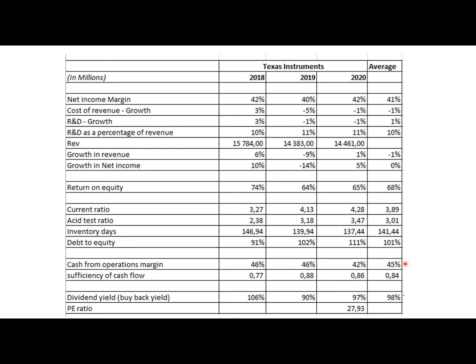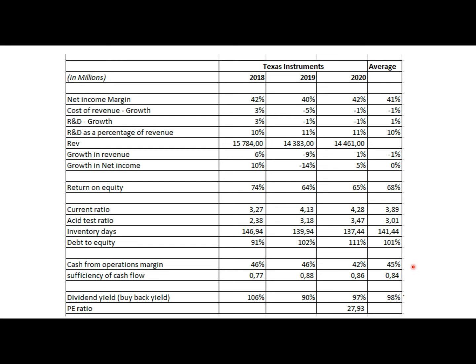So the cash from operations margin shows me an entity that can generate cash from its operations and that can convert revenue into cash. So 42% in 2020 of revenue is converted into cash. Very, very good. Now, the cash flow margin is in line with the industry average of 0.84, so it's performing in line with its peers.